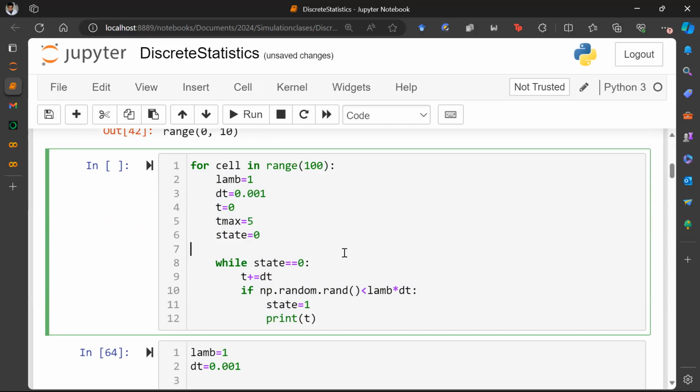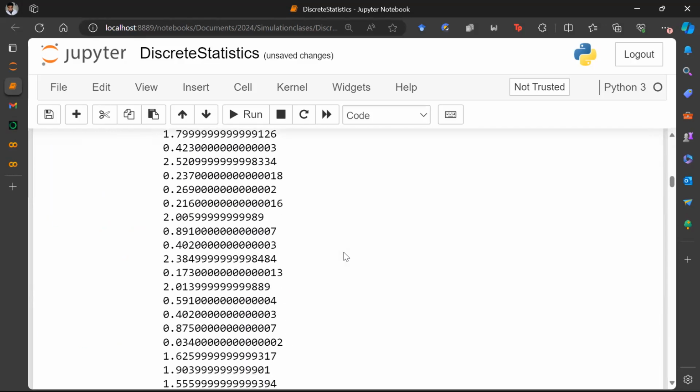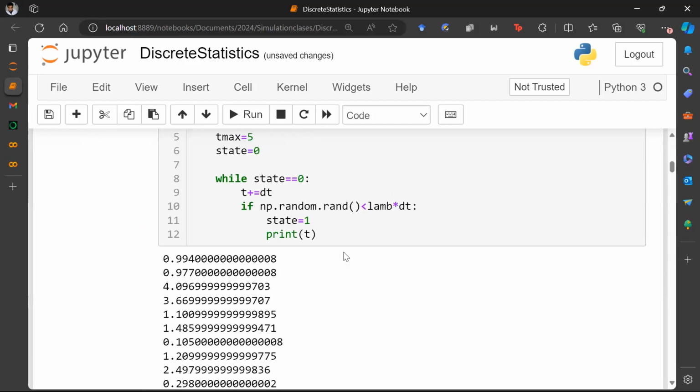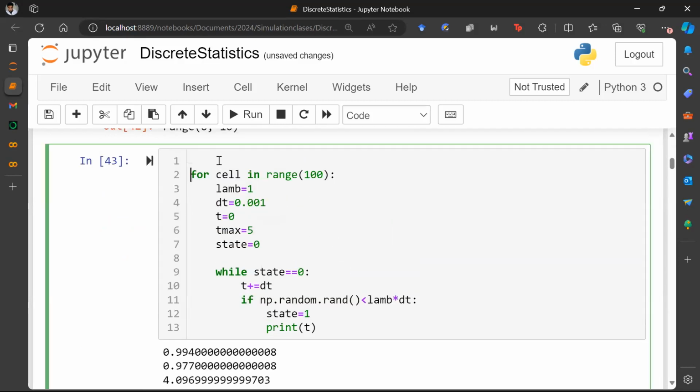And let's see, just printing. So here you have different times of occurrence. But I can save this in an array. Instead of printing, I can save it in the array, and I use the function append.